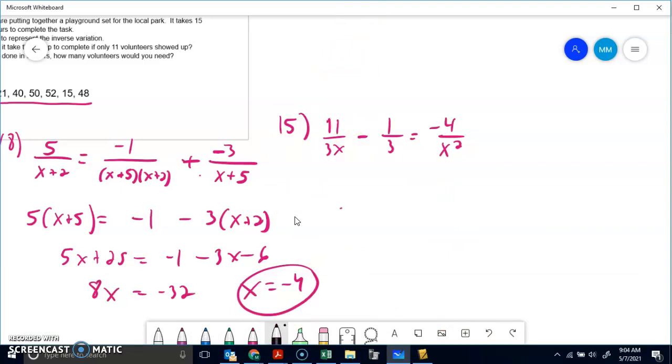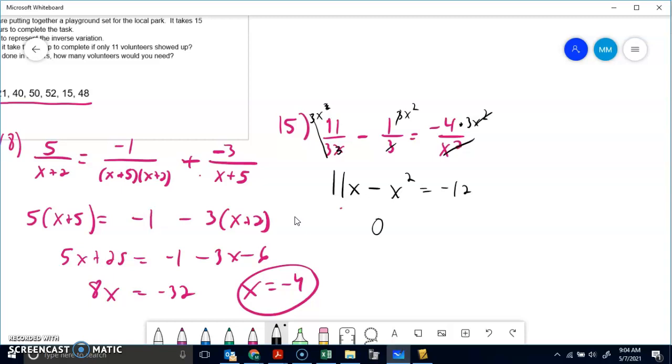So we're going to multiply everything by the common denominator of 3x squared, 3x squared, 3x squared. So 3's cancel. One of the x's cancel, but there's still one left because x squared means there's 2 x's being multiplied. So there will be 1 x left there. Here, the 3's cancel, and I have x squared. Here, x squared cancels, and I get negative 12 when I multiply 4 and 3.